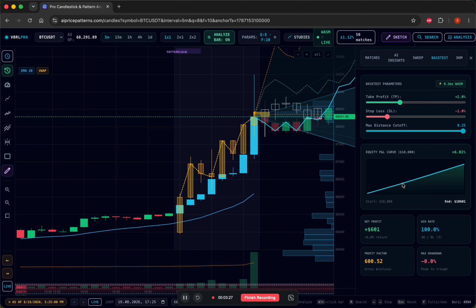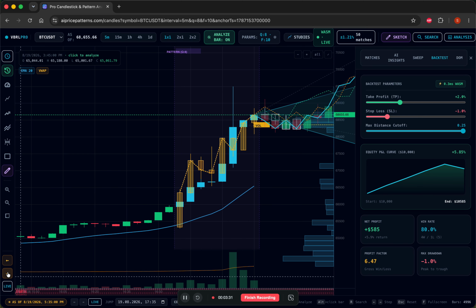But here, yeah, it's more predictable. Let's see, for example, something like that. It's more predictable, we can trade it, and it's really useful for research to understand what the state is and what we can expect from the market from historical memory.